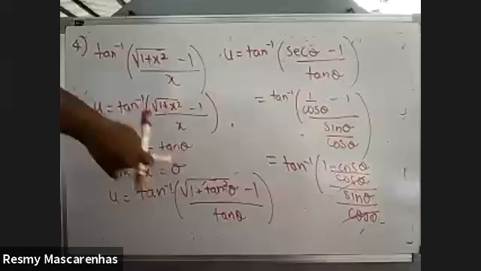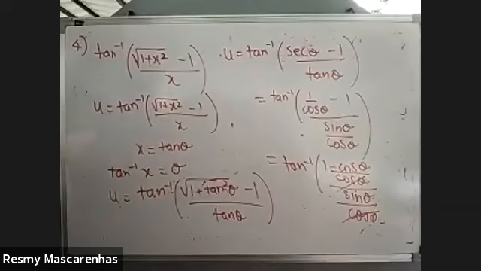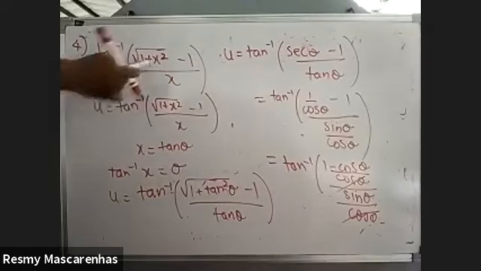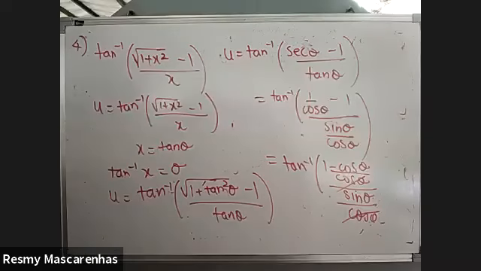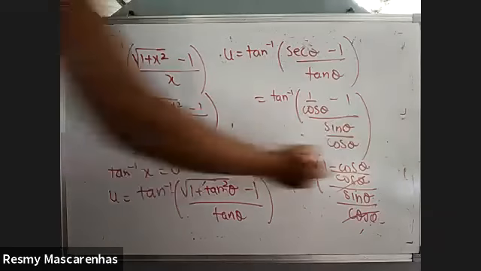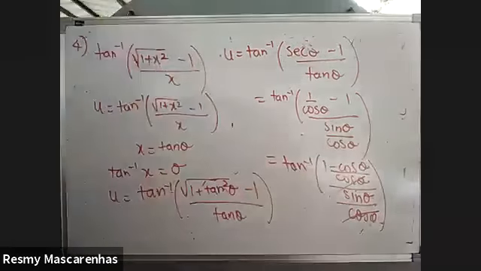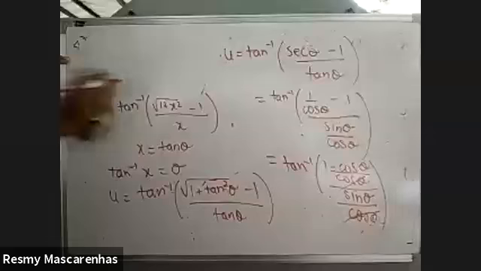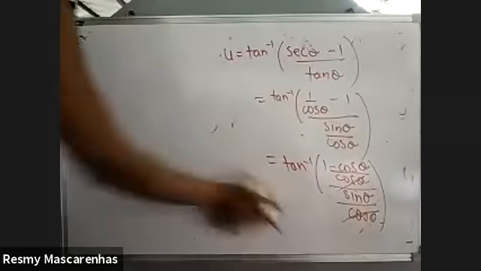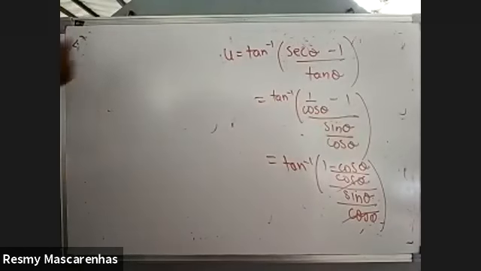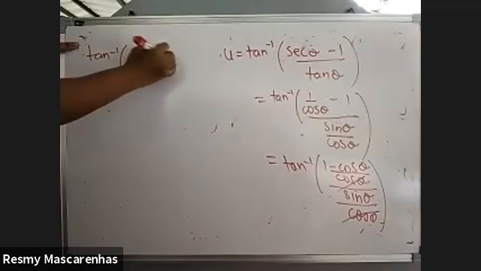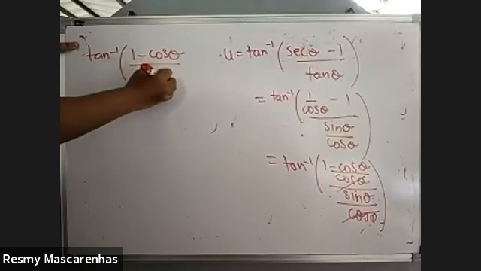So you cannot differentiate suddenly with respect to theta. So write it back in terms of x and then differentiate. So what you will get is tan inverse of 1 minus cos theta upon sin theta.